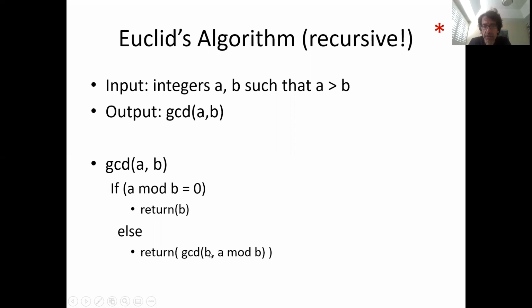Namely, the larger integer is B, and the smaller integer is A mod B. And I'm assuming that the algorithm is always called on two ordered integers, so A is larger than B. I could just make a first line that says if they're not ordered correctly, I reorder them, but that just makes this unnecessarily complicated.